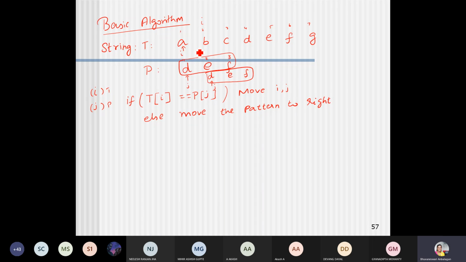I is restarted here because this particular condition has failed, so I should not again try to match A and D, which we have already checked and found mismatched. So I have this D. D is matched with D. Is the pattern getting matched? No, the match has failed.